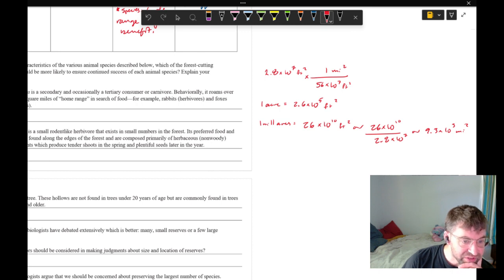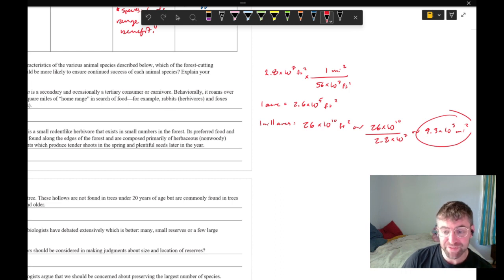Okay, so this area could support as many as, so this is the number of square miles we have. Each of these individuals roams over 20 square miles of home range. So that gives us 4.6 times 10 to the 2 carnivora, if these were the only carnivores.